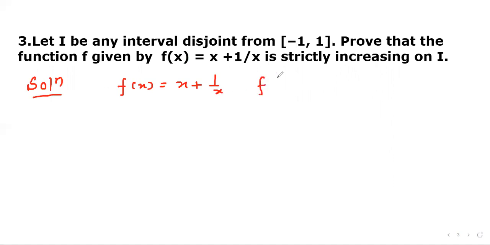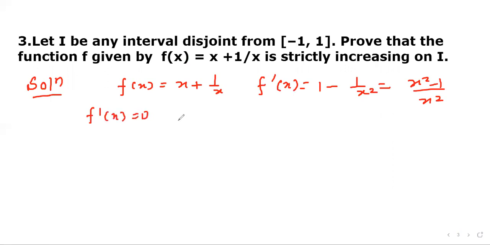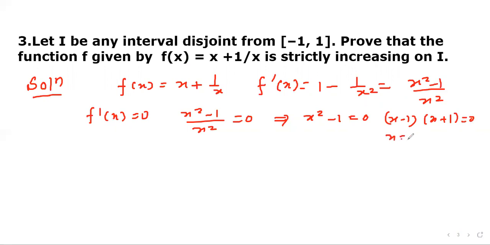We differentiate it. f dash x equal to 1 minus 1 upon x squared, which is equal to x squared minus 1 upon x squared. Now we put f dash x equal to 0, that is x squared minus 1 upon x squared equal to 0. Further implies x squared minus 1 equal to 0, or x minus 1 and x plus 1 equal to 0, or x equal to 1 and -1.